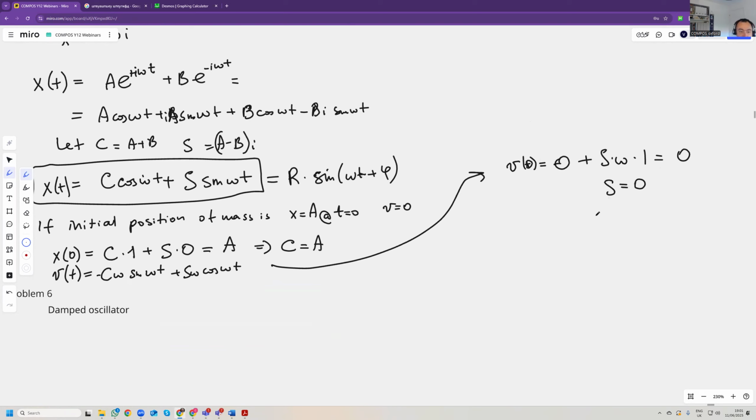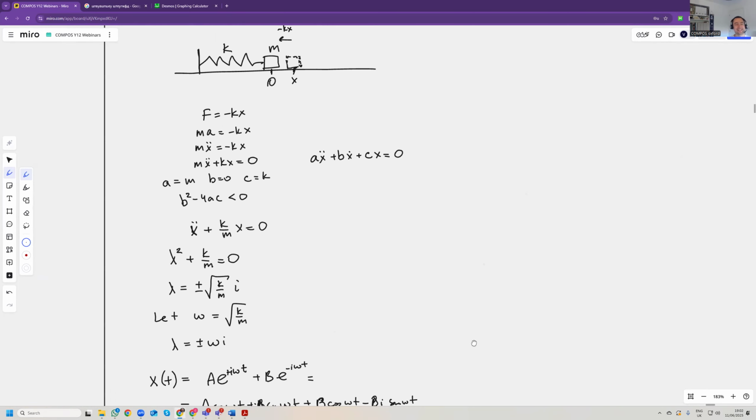Therefore, s equals 0. So x of t is equal to a cos omega t, an equation that you are familiar with, I'm sure. That's the equation of simple harmonic motion. We've just shown that. So hopefully that makes sense.